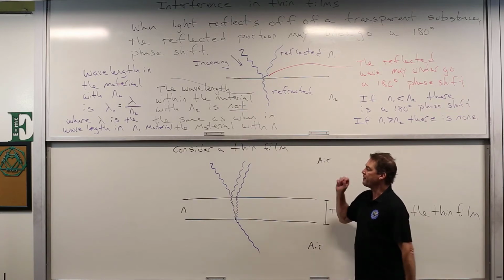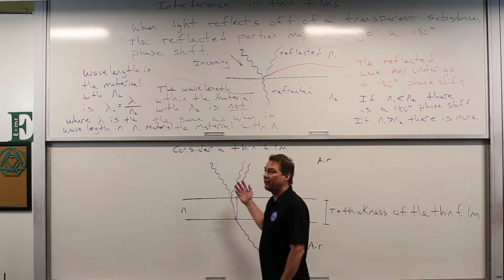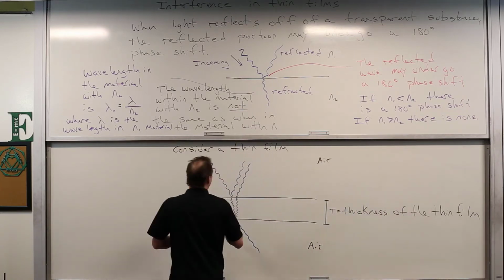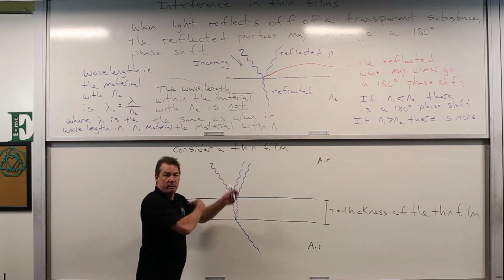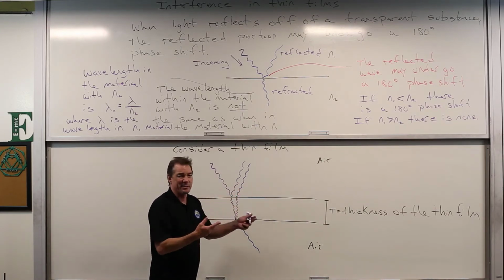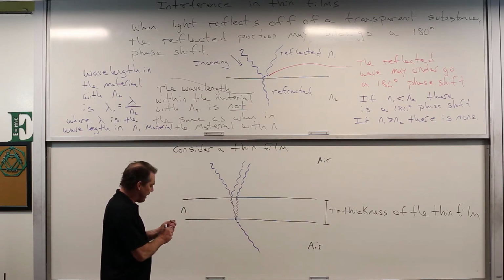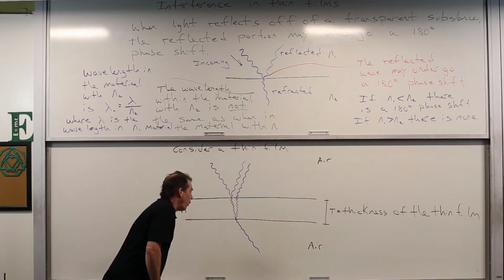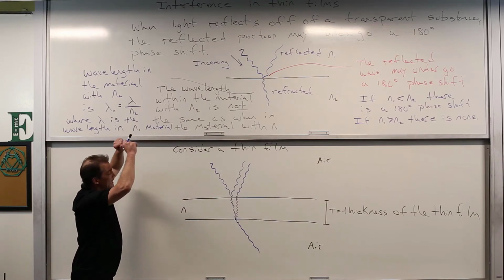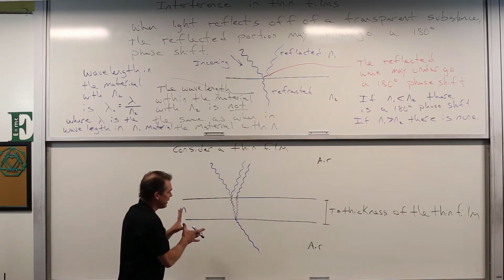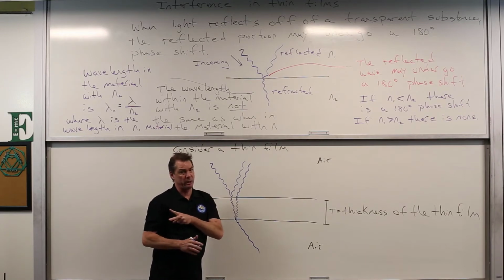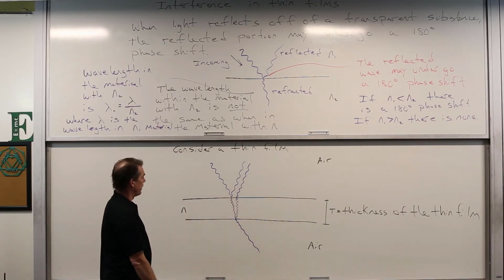So we can have strongly reflected red light while we have weakly reflected blue, and you see it as more red, or vice versa. It really just depends on what sort of interference we get. So what we want to understand then is the conditions for the interference, either constructive or destructive, and how they're correlated with all of this.